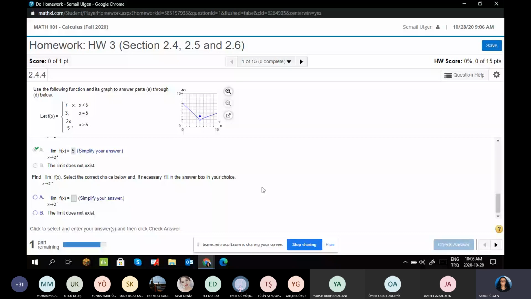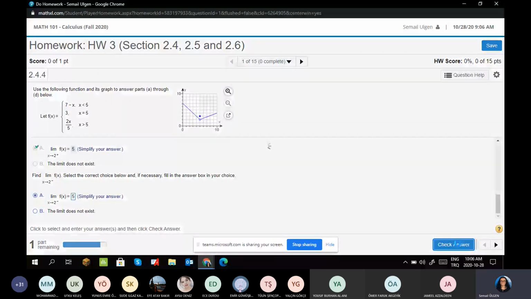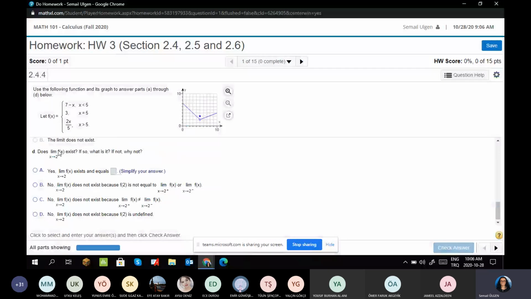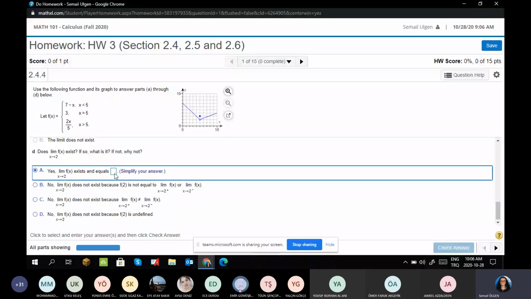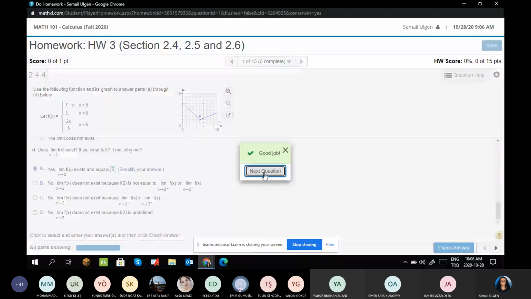And now find the limit as x approaches 2 from the left. It is 5 again. And does the limit as x approaches 2 exist? Yes, it exists because the right limit and left limit are the same, and it was 5. Check the answer. Okay.